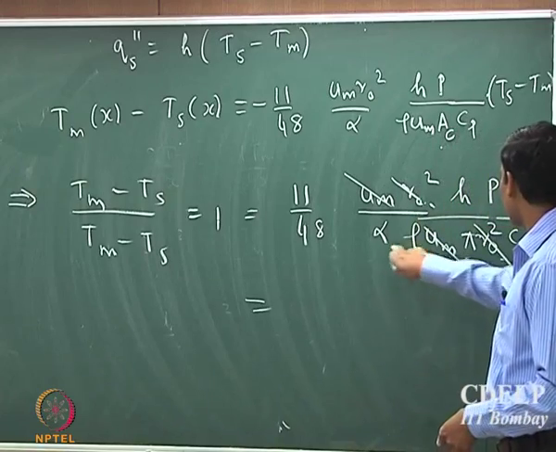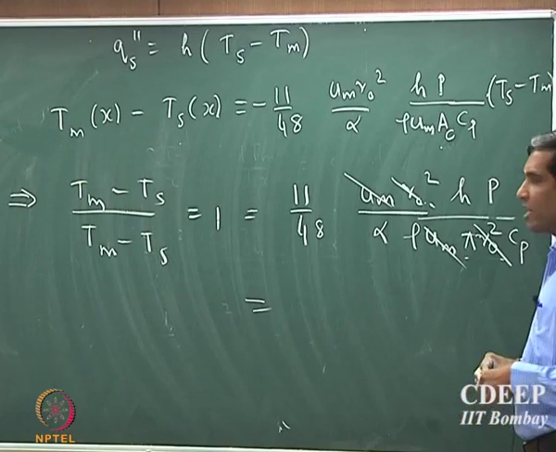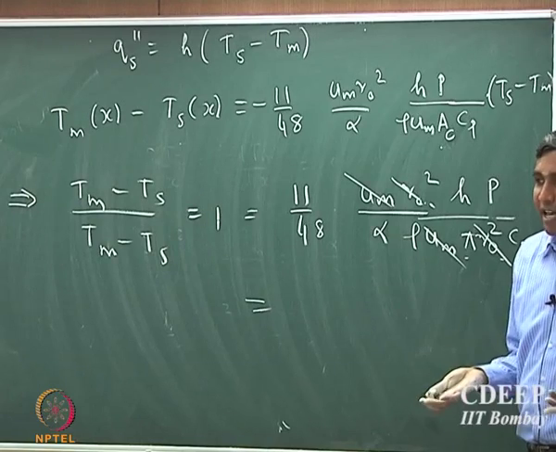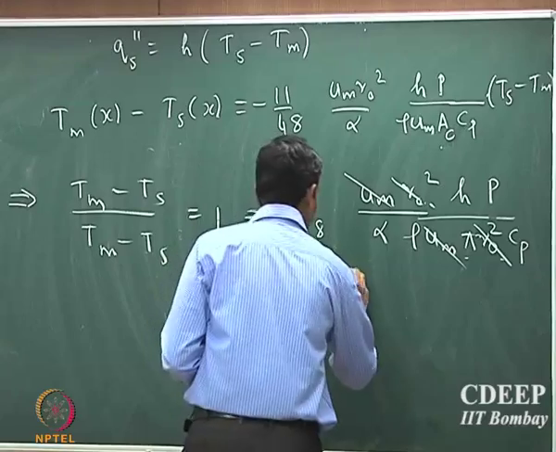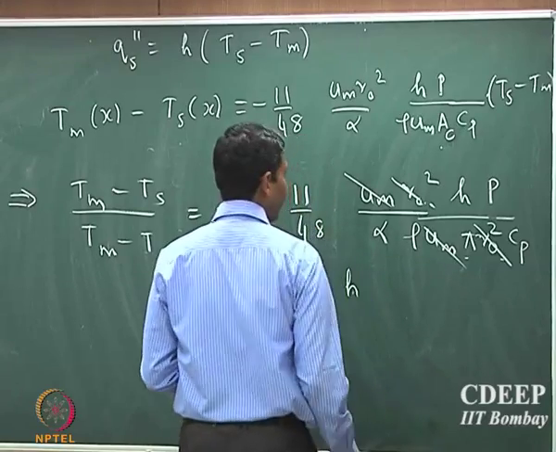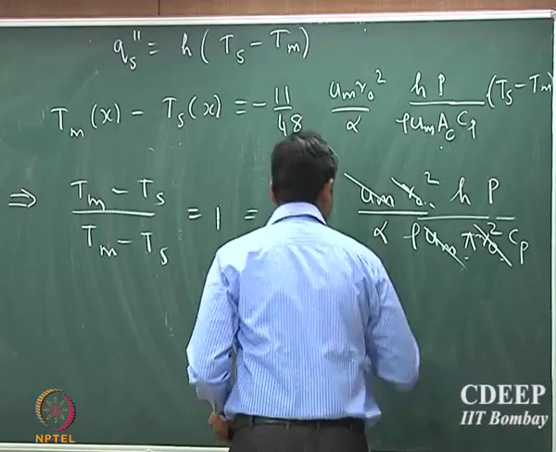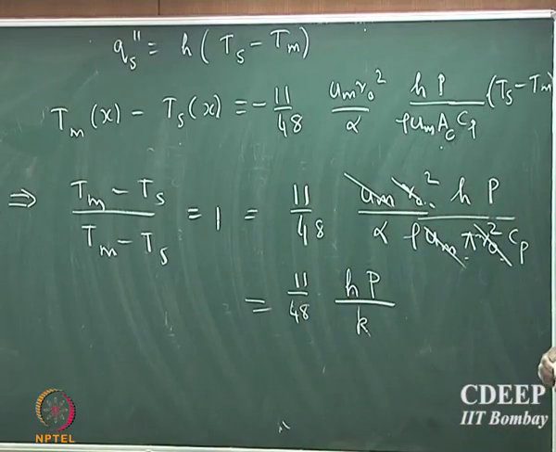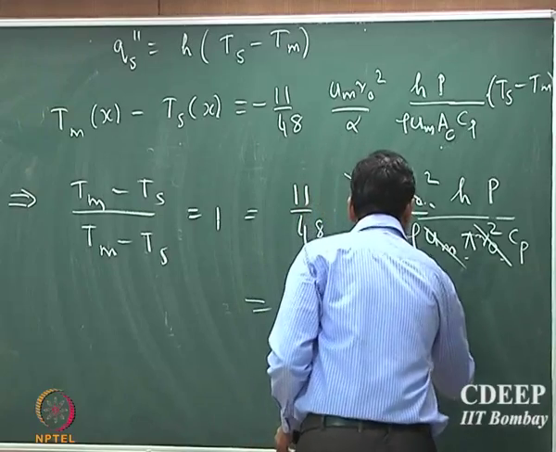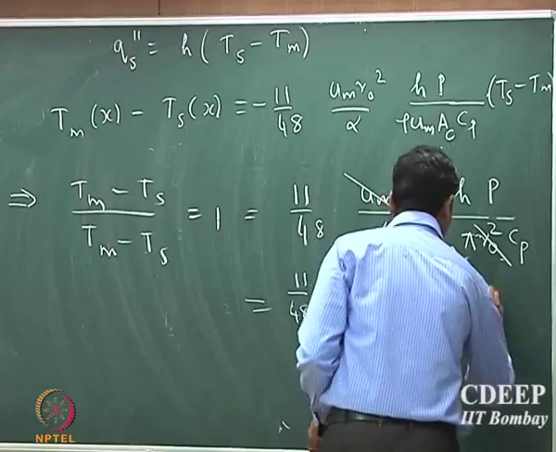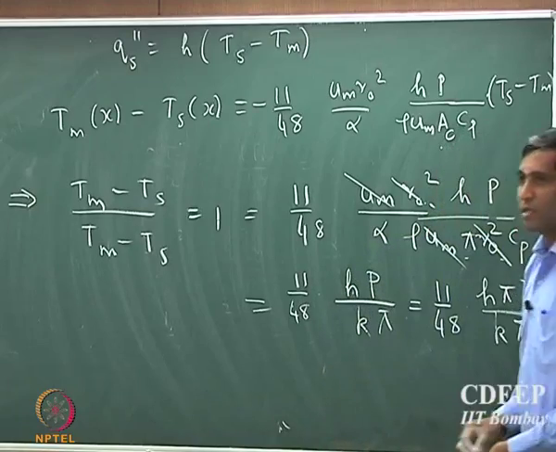So what is alpha into rho into Cp? It is nothing but K, right, conductivity. So that will be 11 by 48 into h into P divided by K. What's the perimeter? Pi into D, right. So perimeter is 11 by 48 into h into pi into D divided by K into pi.